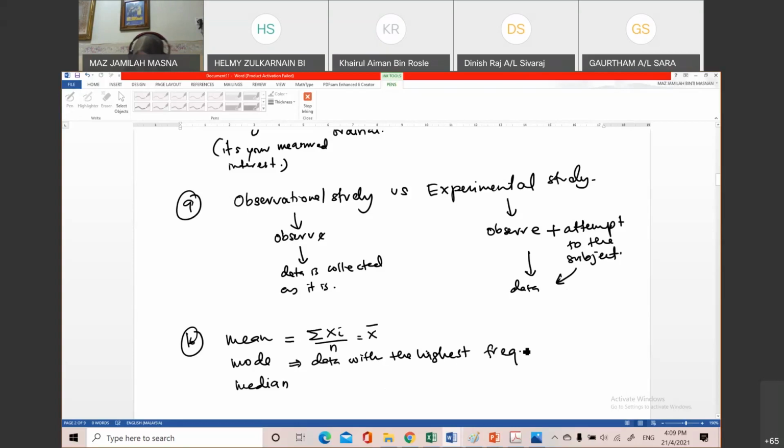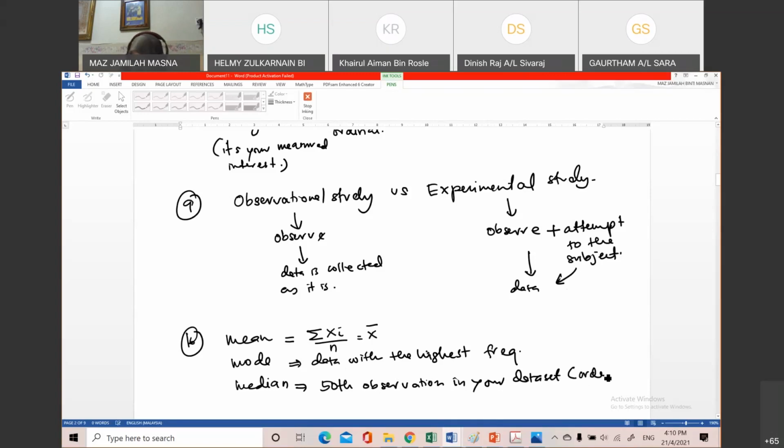The median will be the 50th percentile observation in your data set, but the data set must be ordered.